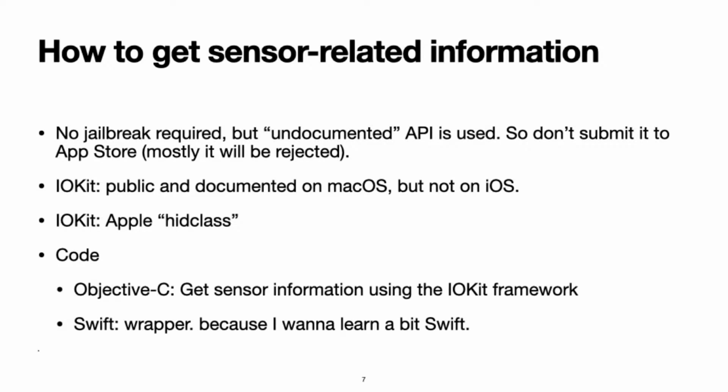If you have a look at the source code, Objective-C is used to get sensor information using the IOKit framework. Swift, I wanted to learn more about Swift at that time. That's why it was used.